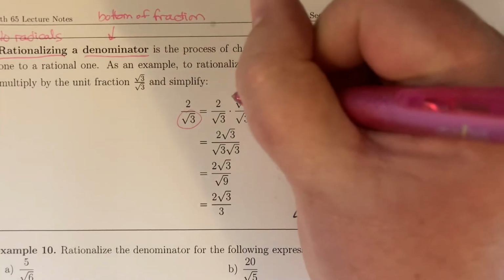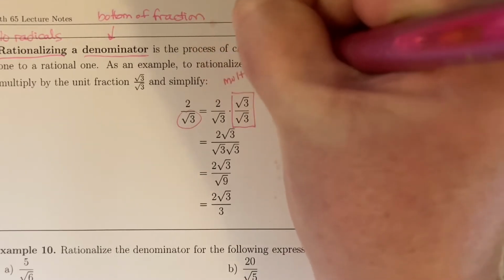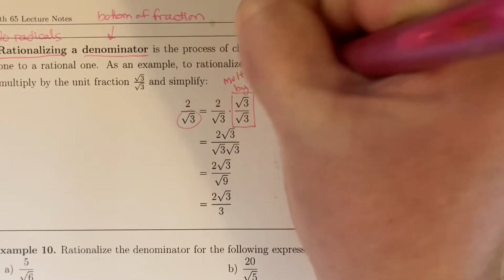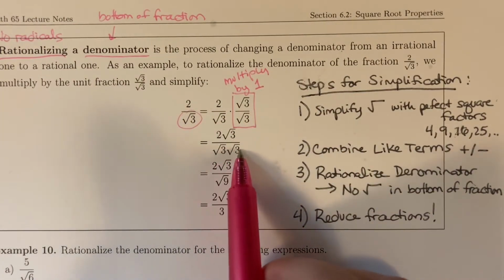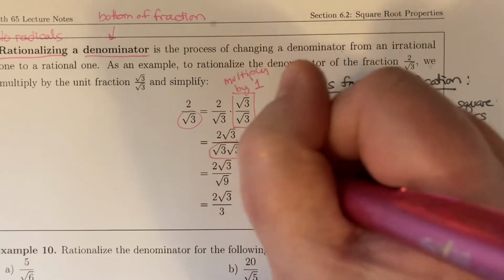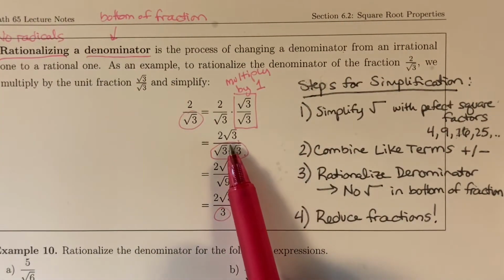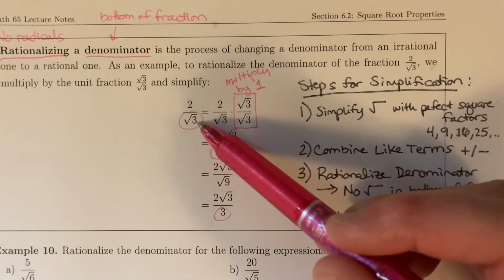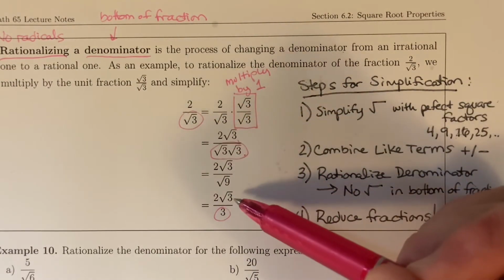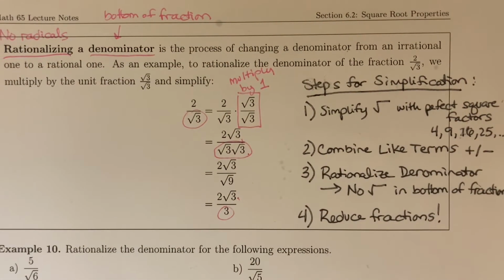So what we're really doing here is multiplying by 1. So it's a version of 1 that when we multiply by it, in the bottom you get square root of 3 times square root of 3, which just goes right to 3. Multiplying a square root by itself always gets rid of the square root. So really what we ended up doing is moving the square root of 3 from the bottom of the fraction to the top. That's what rationalizing the denominator means.